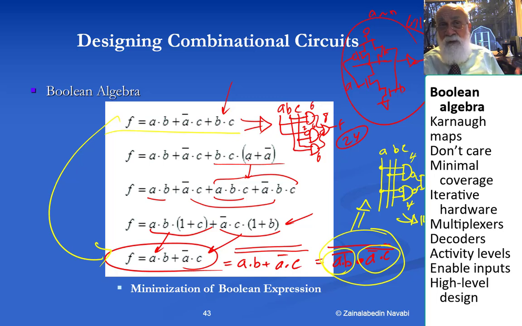Well, I would probably play with it a lot, and finally find out that that wasn't the right term to expand, and then I would go on to B and C and play with it a long time before I finally realized that, okay, this is how we can reduce this.